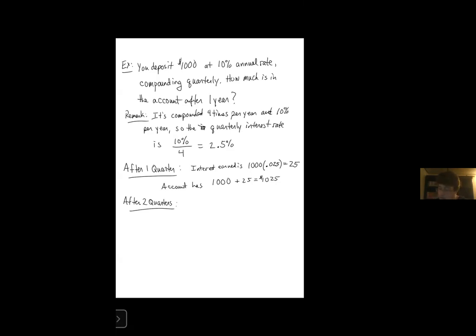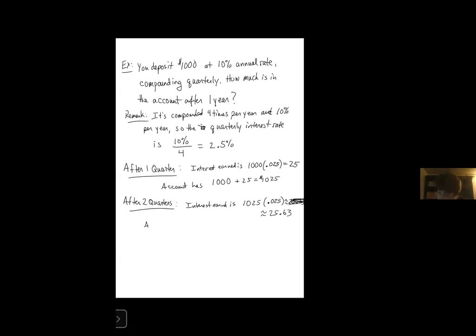After 2 quarters, what is the interest earned? Well, we start at 1025 and we earn 2.5%, which is about $25.63. So about $25.63.